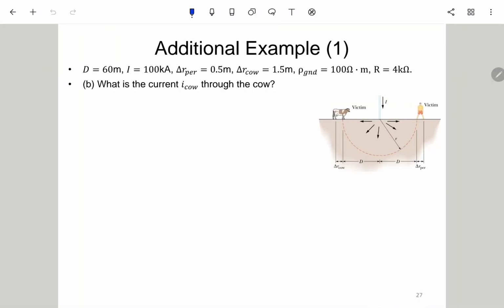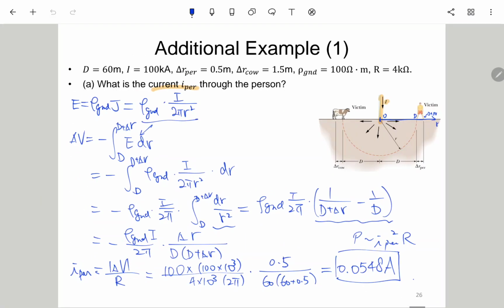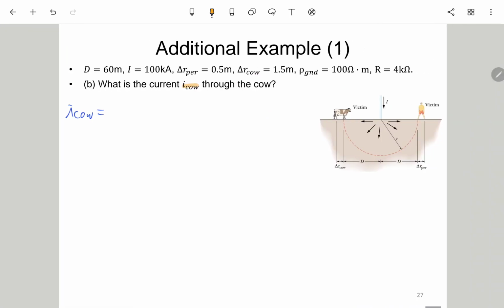Okay, but anyway, for question B, it asks you what is the current I cow through the cow. So we don't need to go through the whole procedure. The I cow is nothing but actually the same expression. The only difference is that we just change delta R pearl to delta R cow. So nothing different.